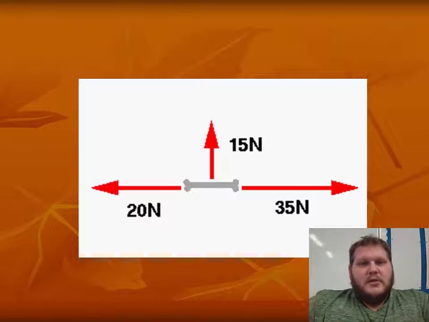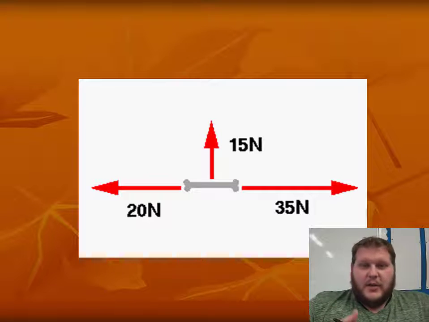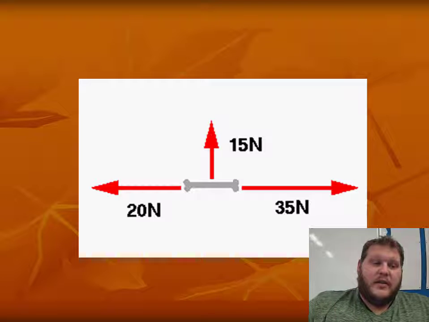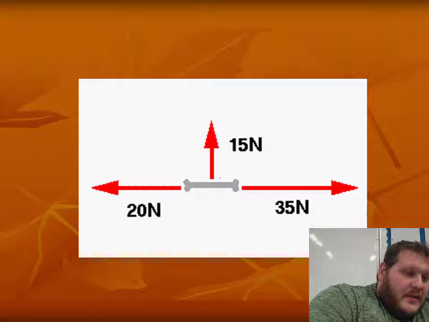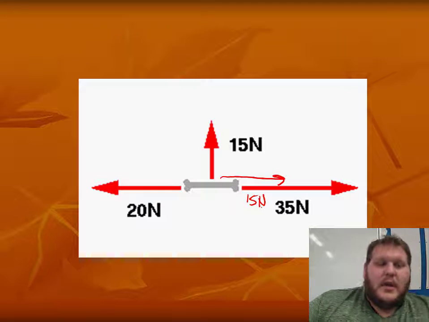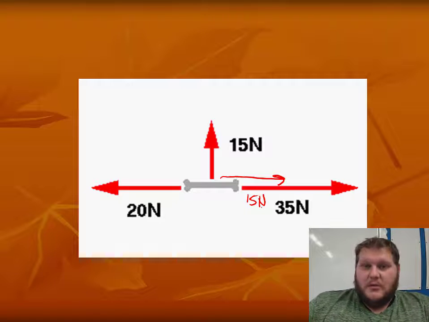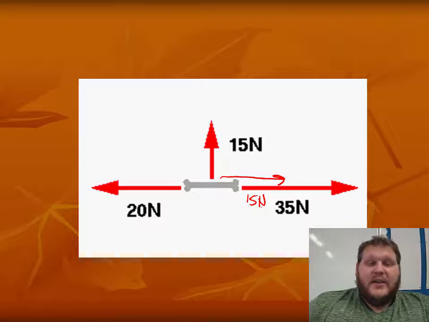The two dogs pulling directly against each other, 20 newtons left and 35 newtons right, give me a net horizontal force of 15 newtons right, because 35 minus 20 is 15 newtons.